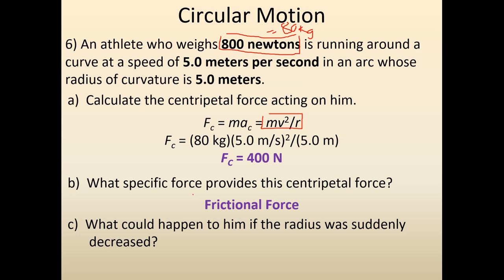And then part C is asking what would happen if the radius ends up suddenly decreasing. Now, I want to clarify that I didn't mention in here, but the person's supposed to be maintaining the same speed. Now, if you look at the equation, if the mass and the speed stay the same and the radius is suddenly decreased, because of the inverse relationship between the force and the radius, that means that the centripetal force would have to increase.